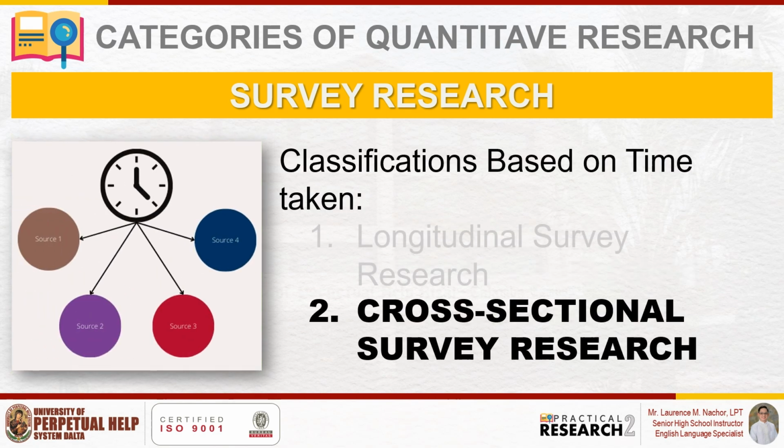So let's come now to cross-sectional survey research. It can either be analytical or descriptive in nature. The researcher obtains insights from a specific audience or respondents at a definite interval of time, or a relatively short period of time, to scrutinize the relationship between variables and other variables of interest as they exist in a defined population at a single point in time or over a short period of time.